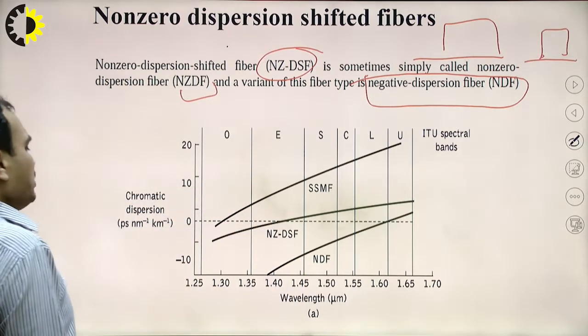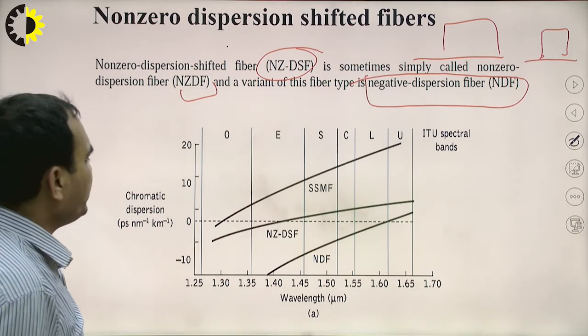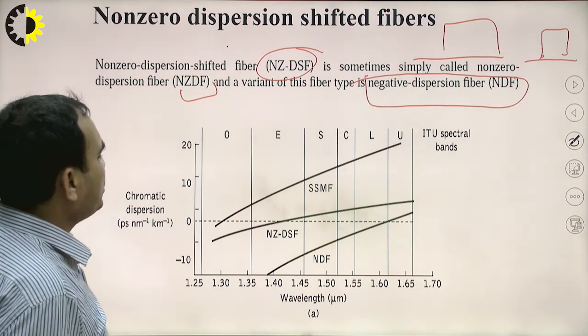So let us discuss the chromatic dispersion in picoseconds per nanometer per kilometer. First, we have the single mode fiber.